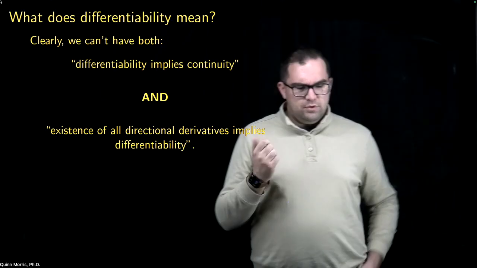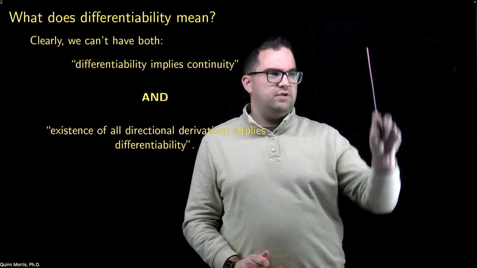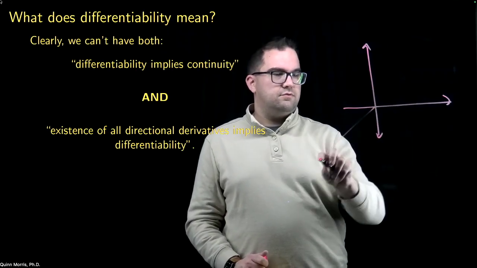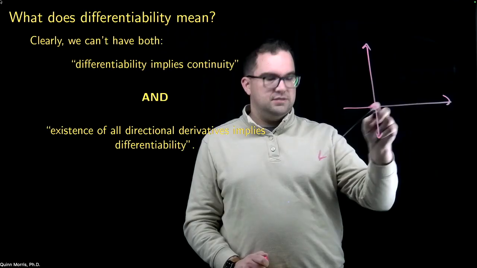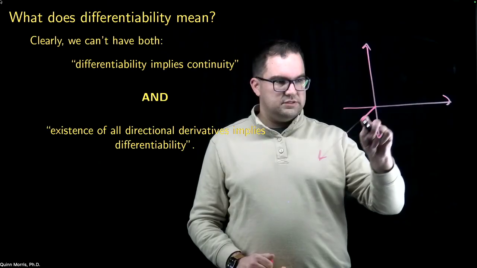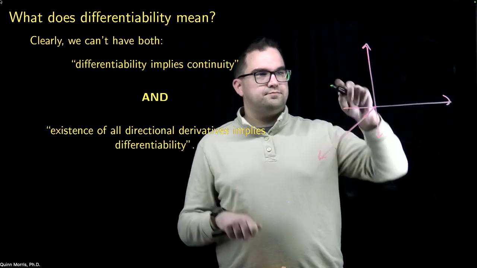Well, what would that mean for a scalar field, right? If I had some scalar field, the usual way we plot that is by looking at some surface. So let's say I have some surface here.